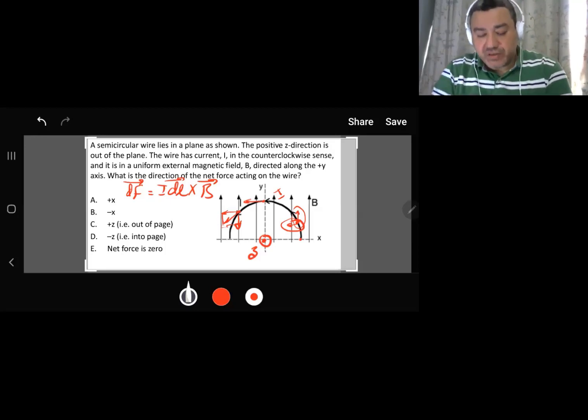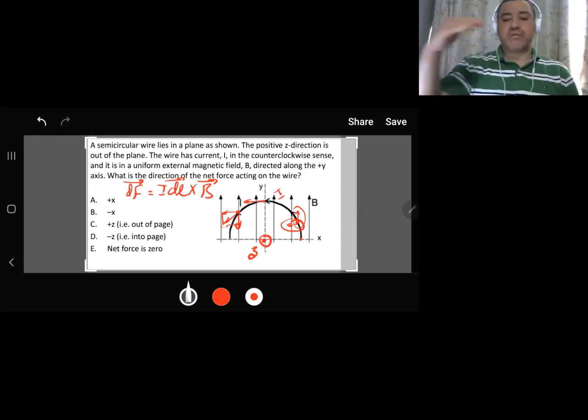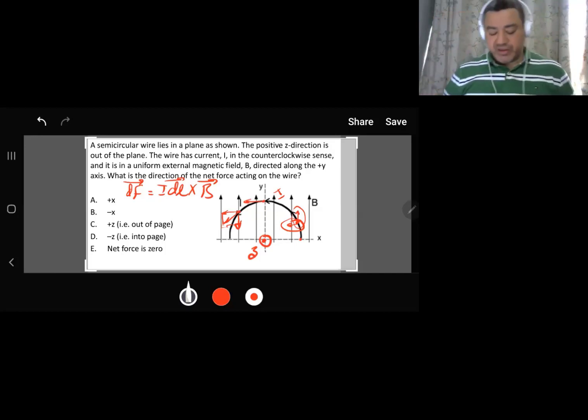So the force that is affecting my magnetic force is always horizontal, going in this direction, varying from 0 all the way to maximum, going back to 0.